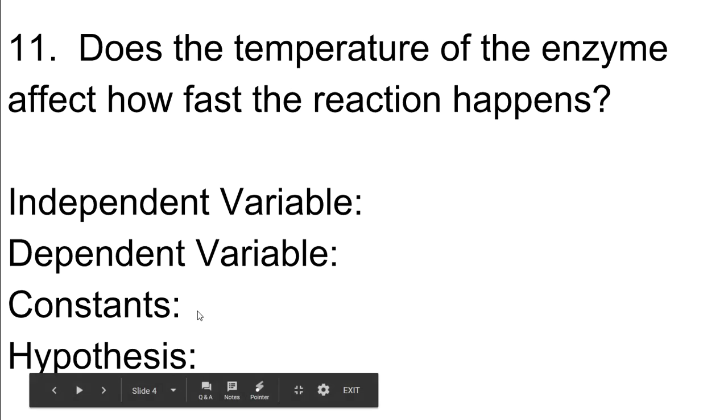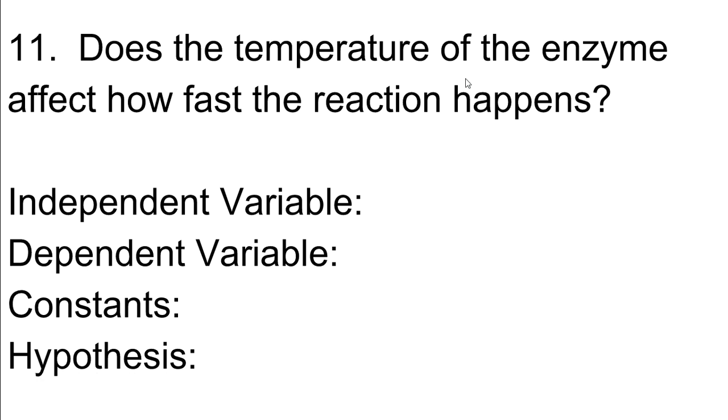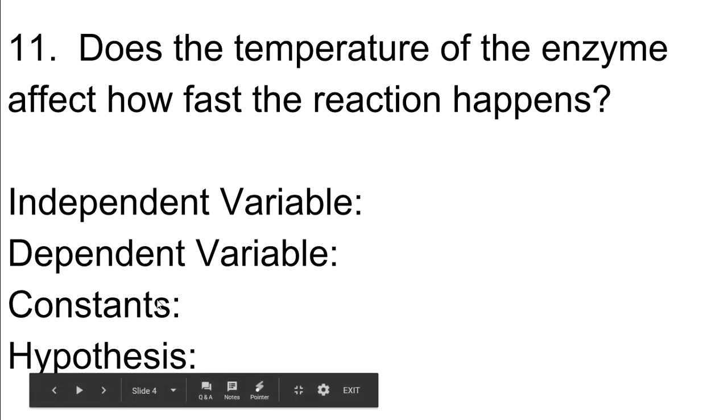It would be pH, the amount of the enzyme, the type of the enzyme, the amount of the substrate we're starting with, the size and the type of container that the reaction will take place in should all be the same, and the same is constants. Those things are not necessarily found in the question. You have to use your imagination to come up with them.